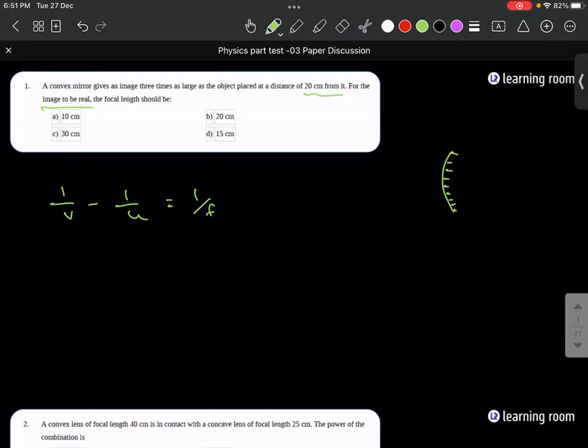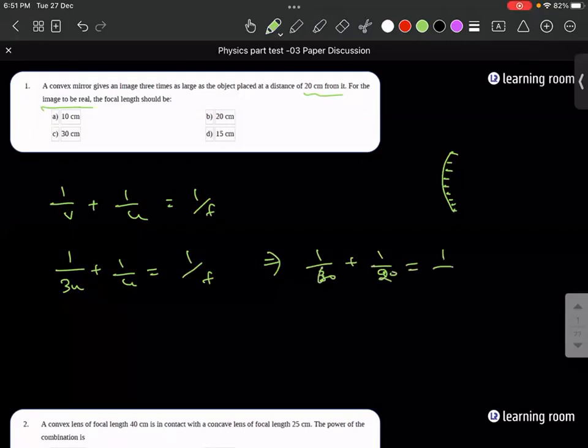Mistake. How can a convex mirror give a real image? 1 by V plus 1 by U is equal to 1 by F. So how much is the answer for this? 1 by 60 plus 1 by 20 is equal to 1 by F. So what is the value of F?